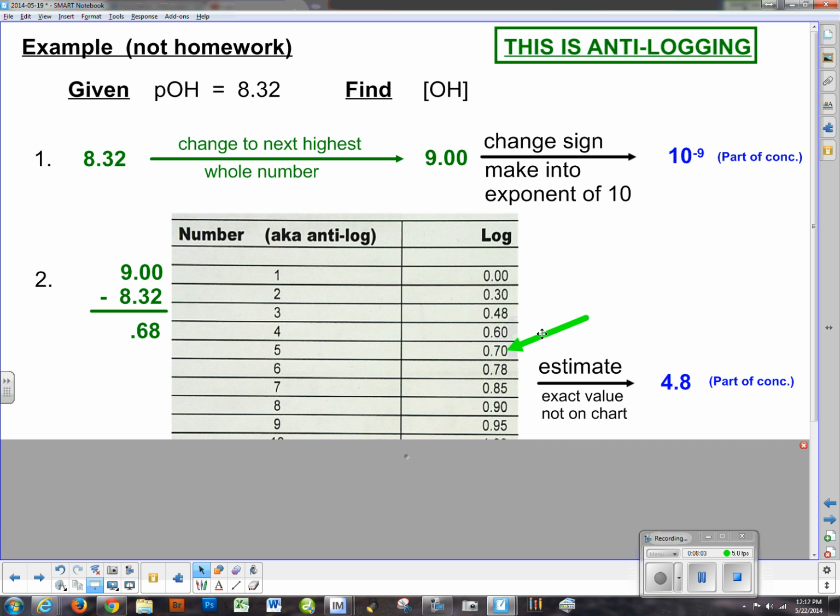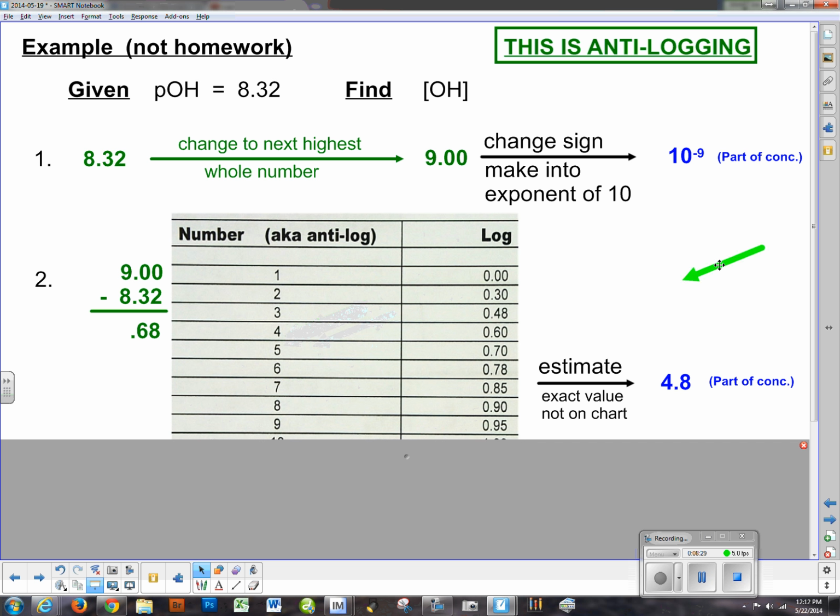So we estimate. Now, there's about 10 numbers between 0.6 and 0.7 if we're looking in this column, the hundredths column. So the actual number that's going to change back, so that it's not a logarithm anymore, is somewhere between 4 and 5. And we could call this 4.8.